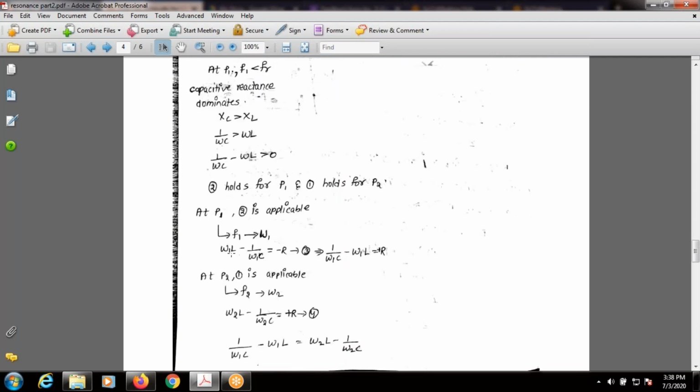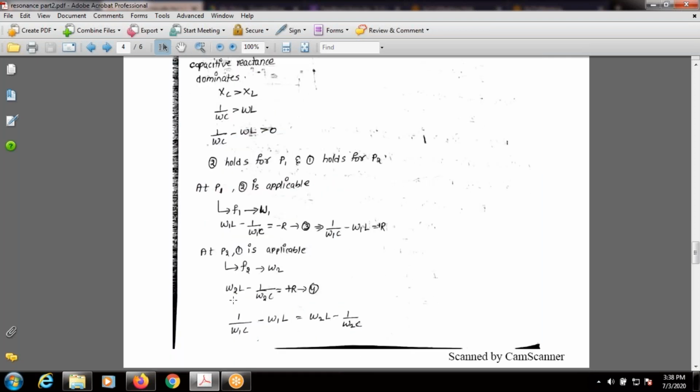And again, the third equation: omega 1 L minus 1 by omega 1 C is equal to minus R. From that, it is a capacitive domination, so 1 by omega 1 C minus omega 1 L is equal to plus R. Whereas in the second, omega 2 refers to F2. Subscript 1 refers to F1, subscript 2 refers to F2, right?